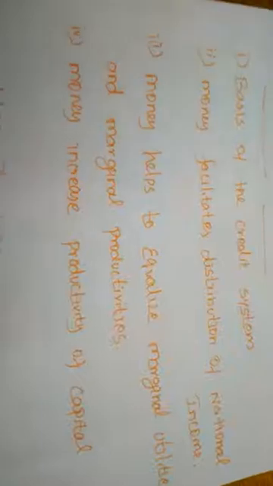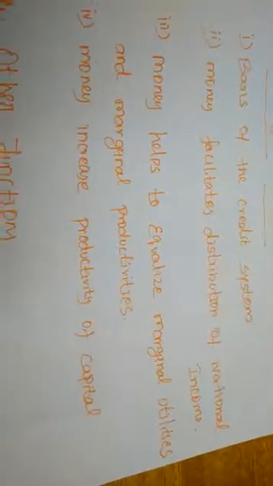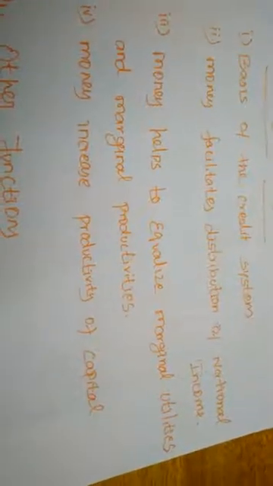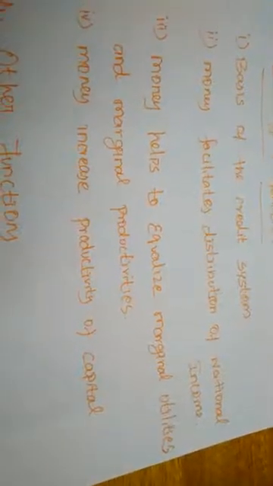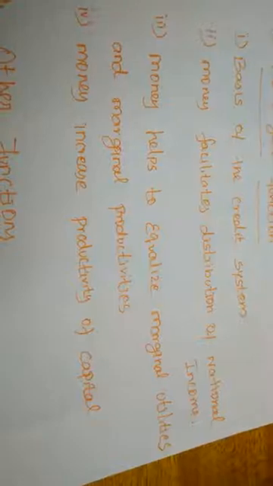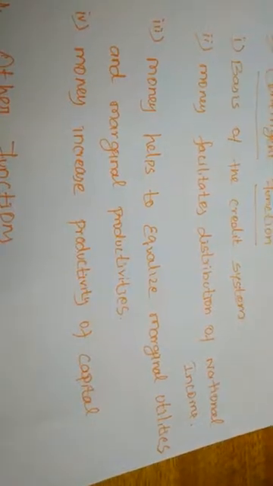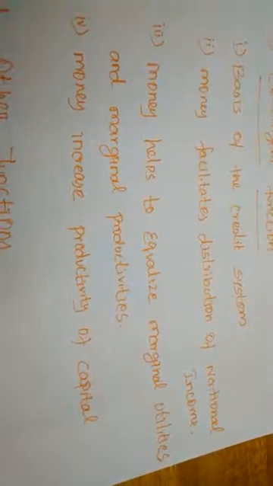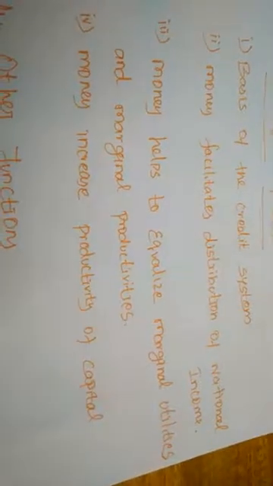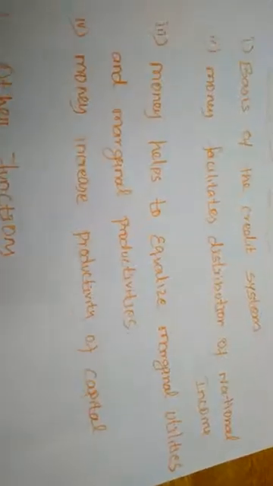When we extend credit to a purchaser or any businessman, how can we get the amount back? In the form of money only. So money also acts as the basis of the credit system. Without money, we cannot be involved in this credit system.